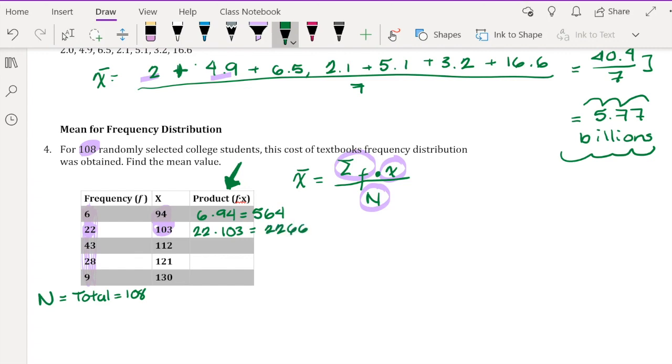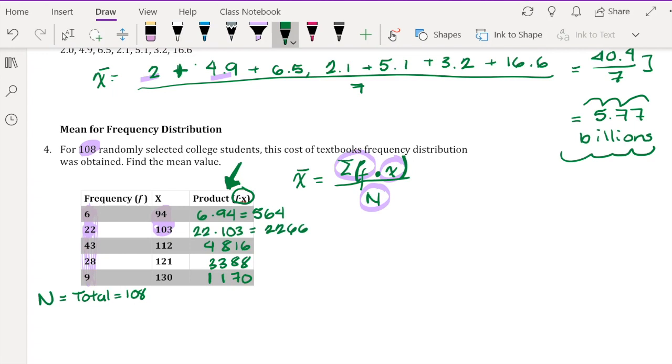And then I keep doing it for all of the rows. This is going to be 4,816, 3,388, 1,170.